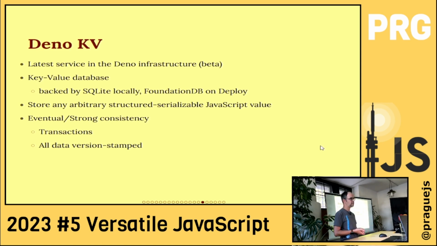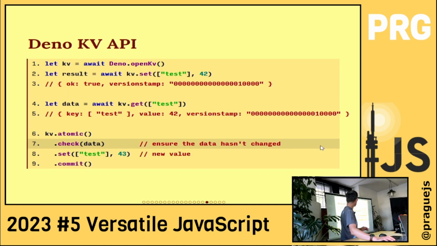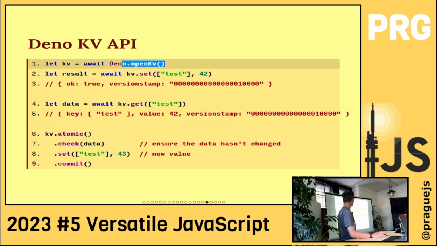And the data is version stamped, so anything that's inserted automatically gets a counter, and we can use these counters to compare versions to see if the data has been overwritten by any other edge node that was trying to write into KV. I will show you the API, not really by studying my code, but by having a small example. We will be opening the database in an async manner using await openKv. Again, this is Deno-specific functionality, so it's available in the Deno namespace.